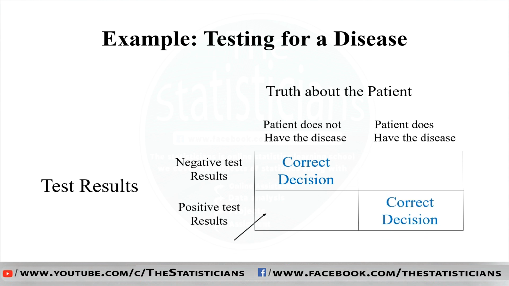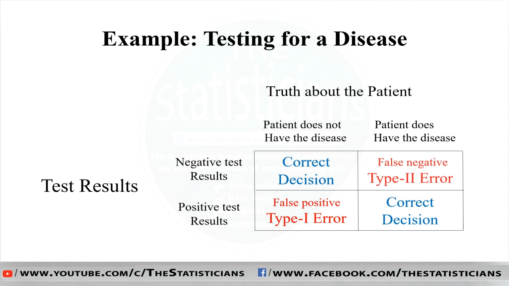The patient doesn't have the disease, but yet the lab results come back positive, saying that the patient does have it. That would be what we call a false positive, and that's a type 1 error. Right up here, the patient does have the disease but gets a negative test result. We call that a false negative, and that's a type 2 error.